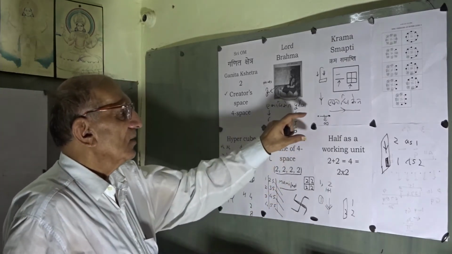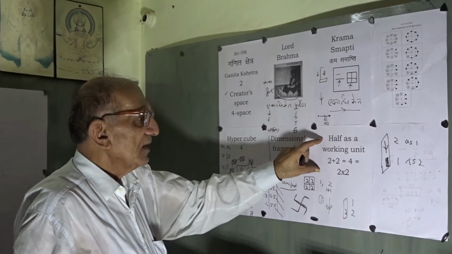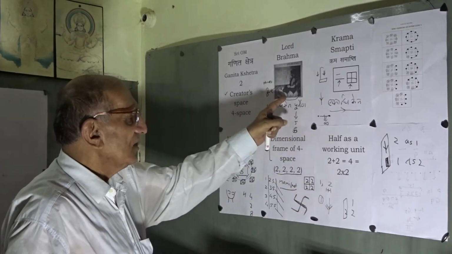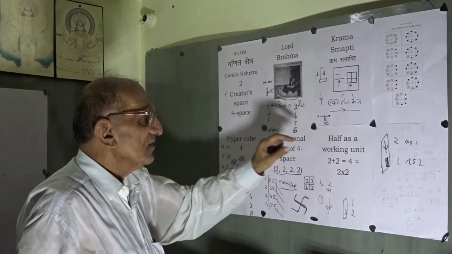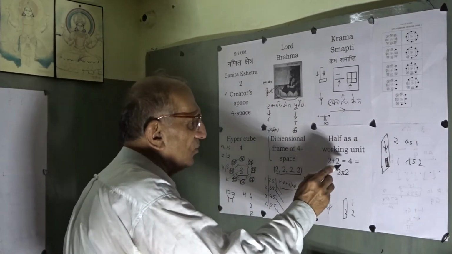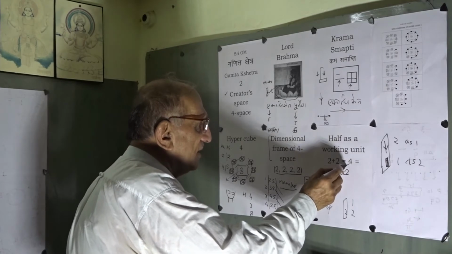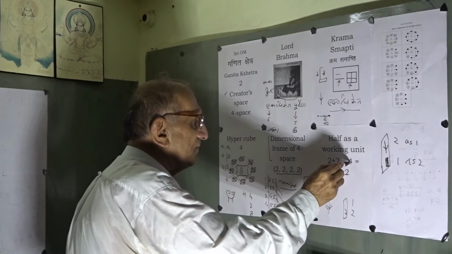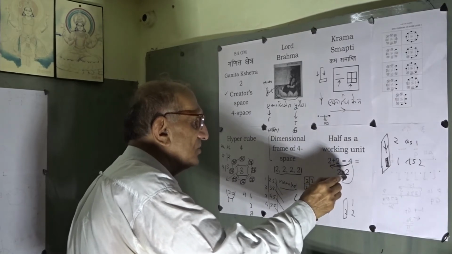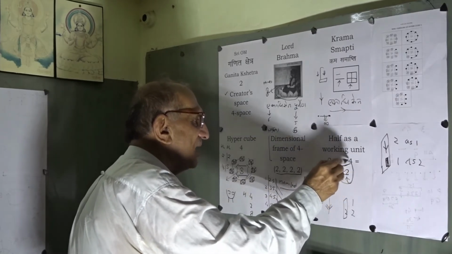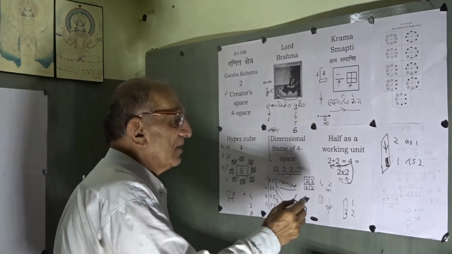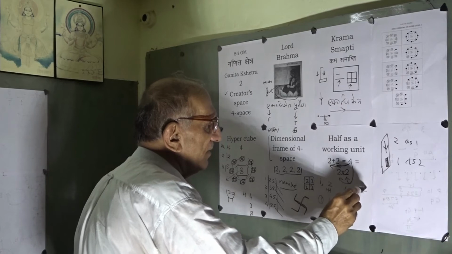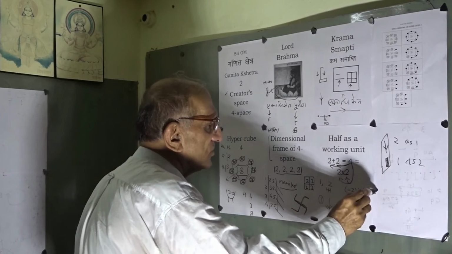It is here where we say that in 4 space, in terms of spatial dimension, half is a working rule. Half a working rule would mean that 4 is taking us additively and multiplicatively, both reaching the same value, and simultaneously -2 multiplied by -2 also takes us to 4.